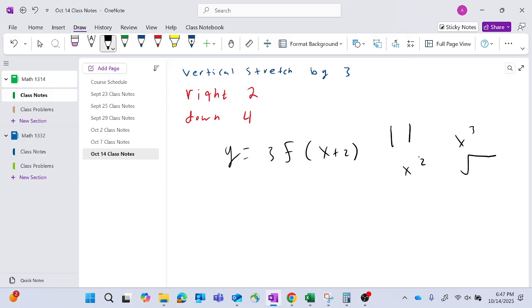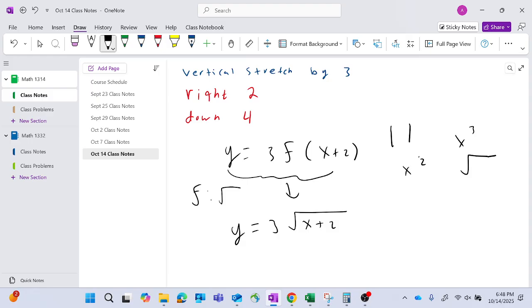So if I have this right here, and I won't ever ask you this, but to show you an example. If I say I want this in a square root, I'm saying f is going to be a square root. This is not even really proper math, but hopefully it makes sense. So you can rewrite this as y equals 3 times the square root of x plus 2.